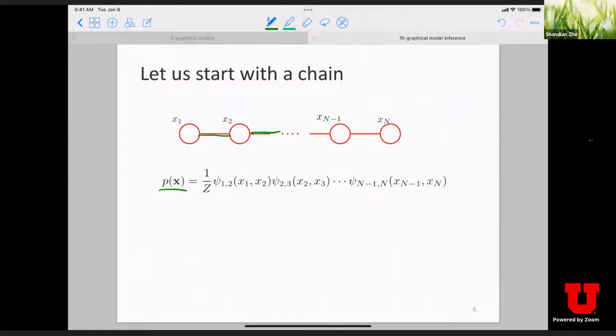The potentials are psi 1,2 of x1, x2, psi 2,3 of x2, x3, and psi n minus 1, n of xn minus 1, xn. And of course, we have a normalizer Z. This is the structure of our joint probability according to the chain graphical model.